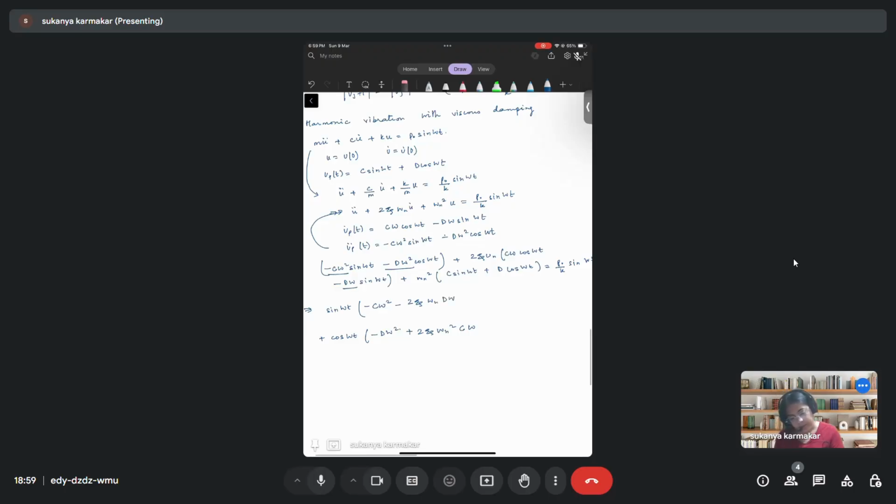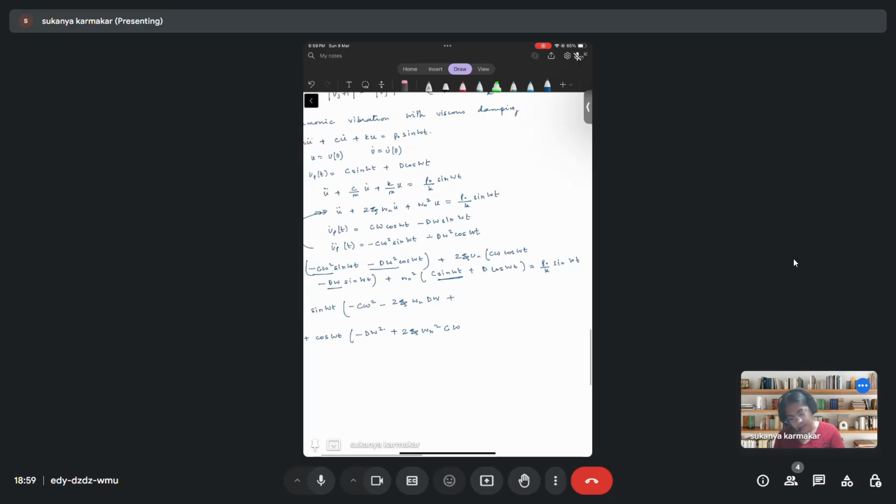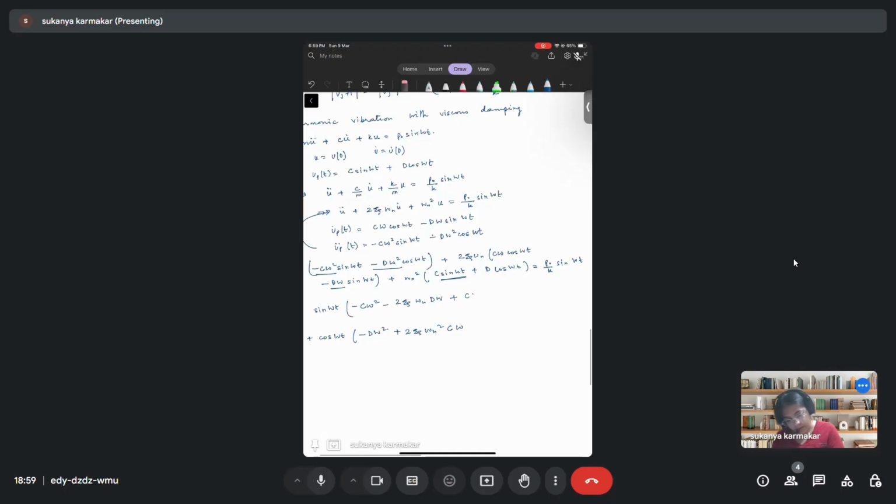Then we have this term, c omega n square, and for cos omega t the coefficient is d omega n square. Now this is equal to p naught by k sin of omega t.